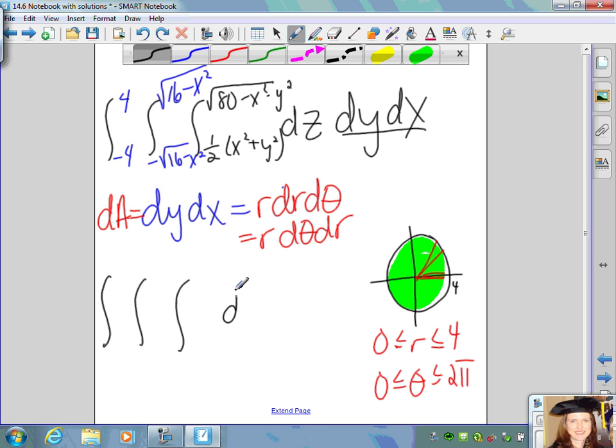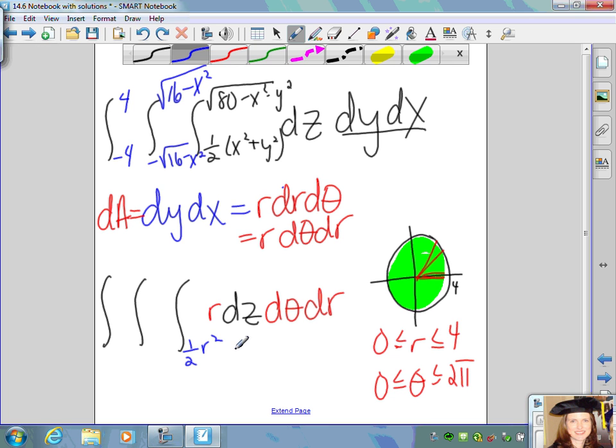In fact, I'm going to bring the r out in front, and then d theta dr. So now our bounds for z in terms of polar coordinates, we can use a conversion equation. The lower bound would be half of the quantity x squared plus y squared, and that's going to be 1/2 of r squared.